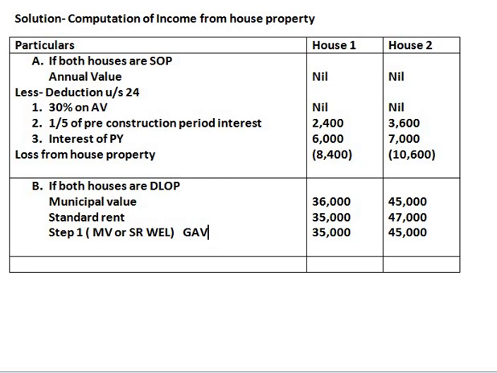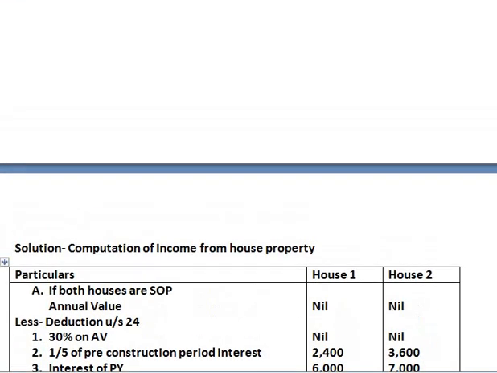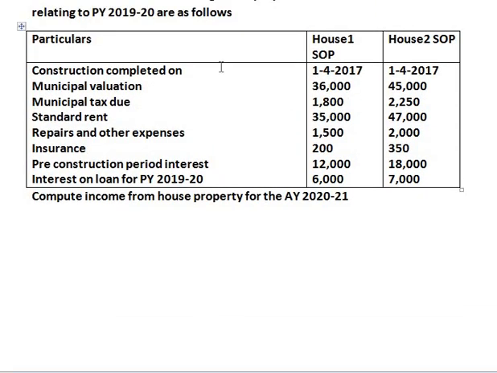Now we have to deduct the municipal taxes. Less: municipal taxes. But pay attention here, in the sum you are given municipal tax which is due, means which is not yet paid.